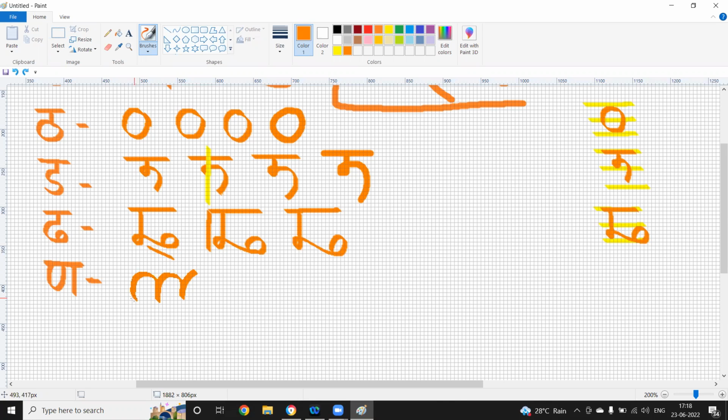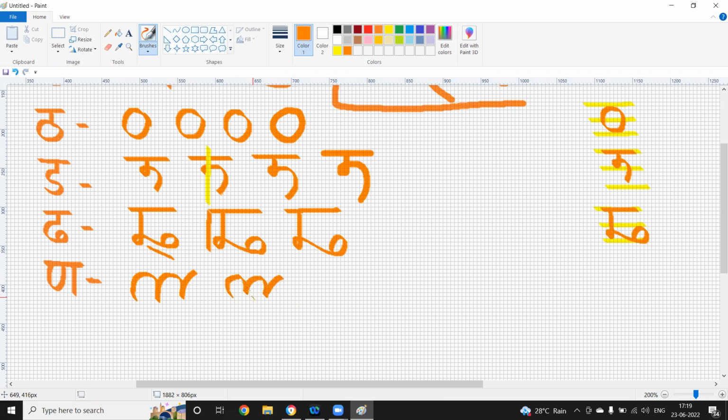This is no. You must be wondering why I started from right to left. That is as per your convenience. I draw it right to left. You can start from left to right as well. You can draw it like this also.